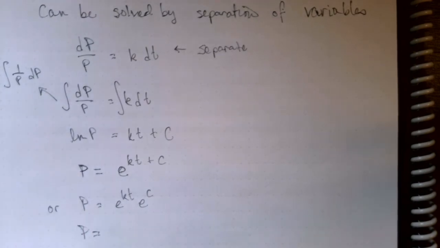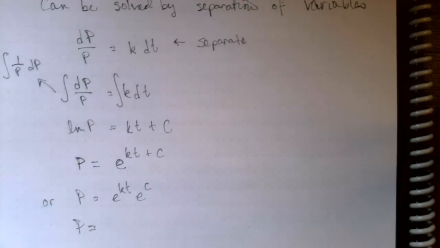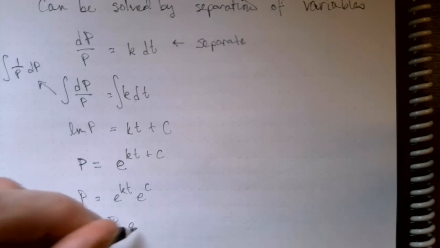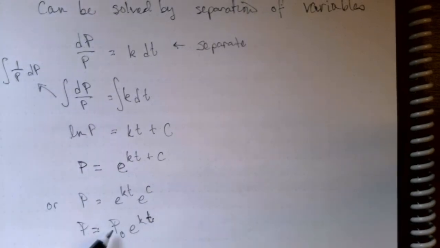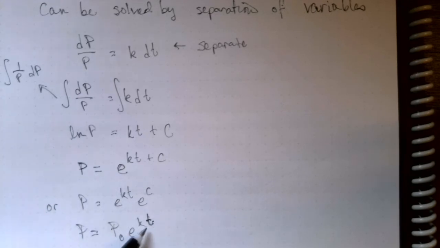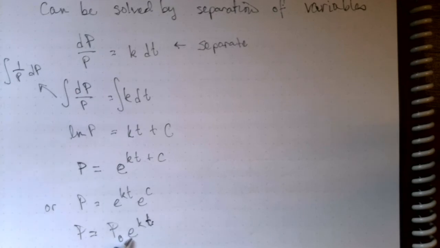Okay, now it typically isn't written as e to the c anymore. E to the constant, well, that's still a constant. And it turns out, in fact, that that is the initial population. So we usually call that P0 for initial population. And that, of course, is because if you plug in t equals 0, this portion would be a 1, and you'd be left with whatever this is.